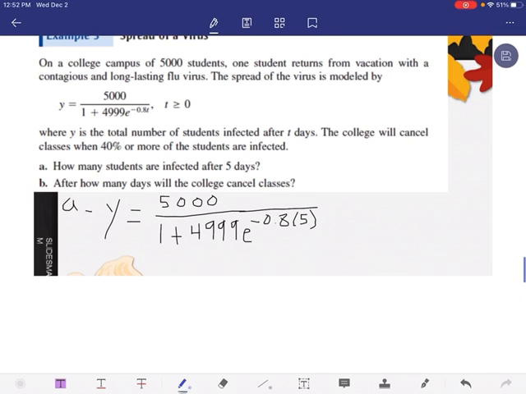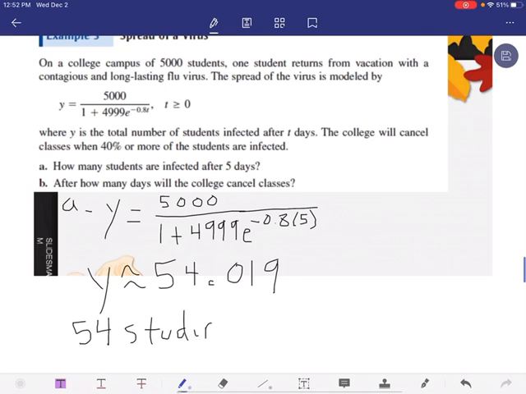And we just want to use our calculator at this point. So we would get that y is approximately 54.019. Again, because we're talking about people, we want to round to the nearest whole person. So we would have 54 students.